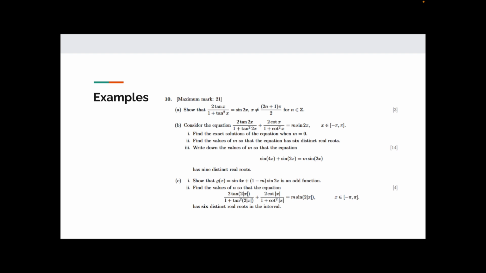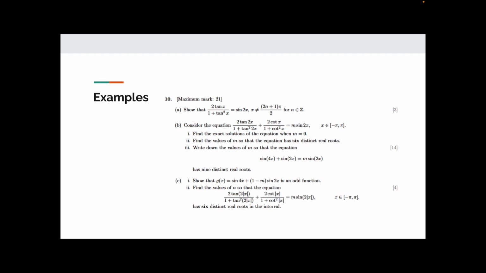C is, I would say, the most interesting part of the question, even though it's only worth 4 marks in total. C1 is proving that g of x is an odd function. And what does it have to do with our question?